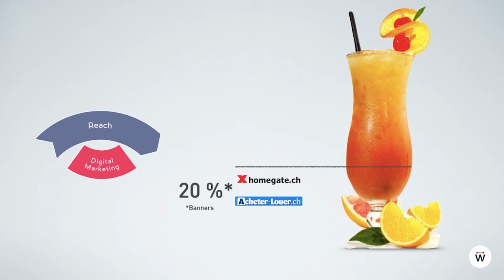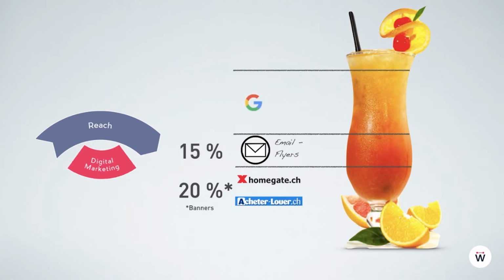Now, you will still have, let's say, 15% that will go into emailing and flyers, and the big bulk of the budget will go into social media, Google search, Google ads and display. Here we're talking roughly about 60% of the budget. And we always like to keep a 5% reserve for what we call the experimentation.